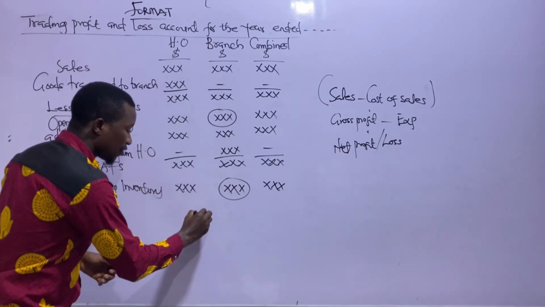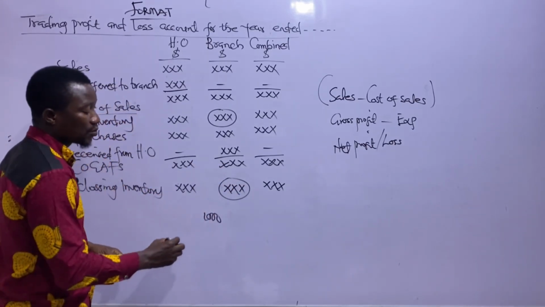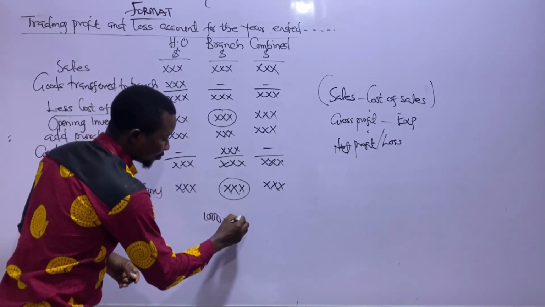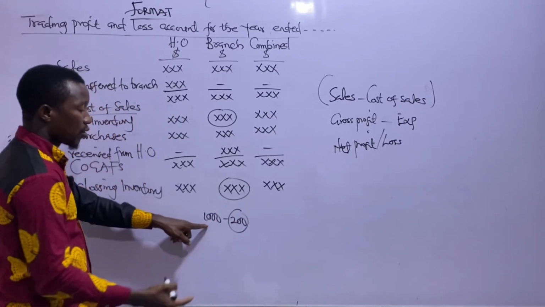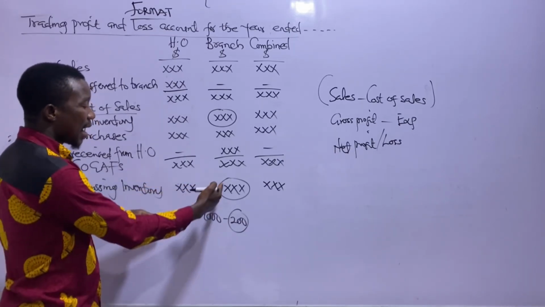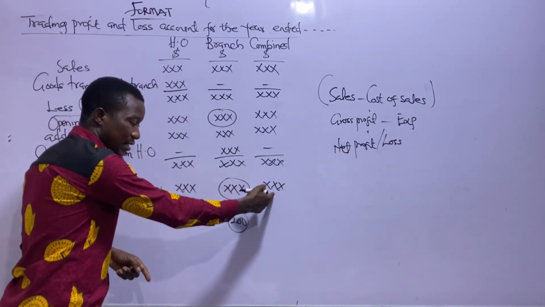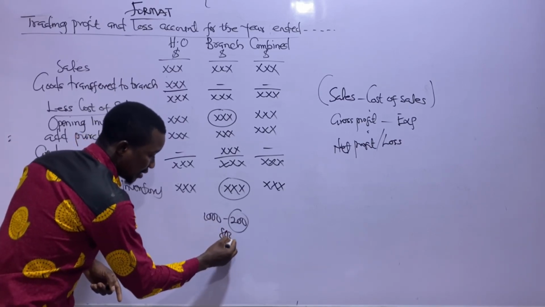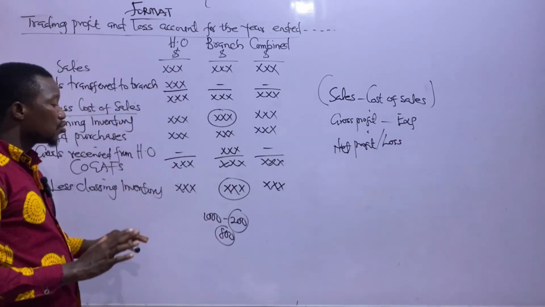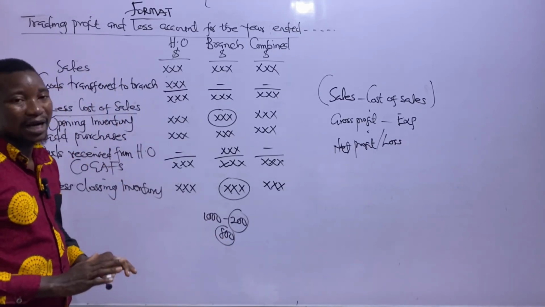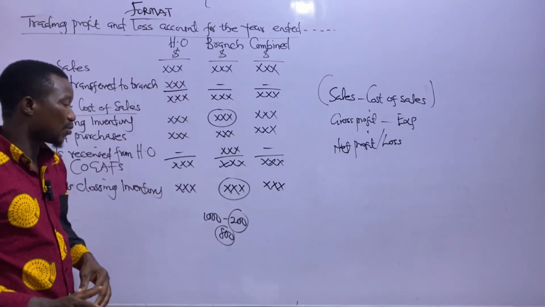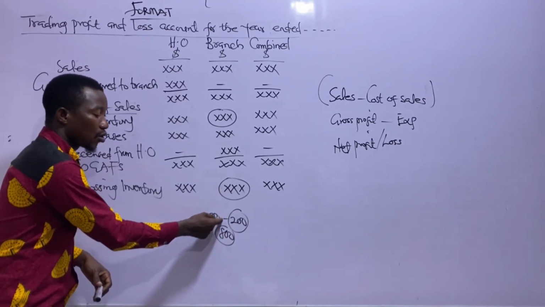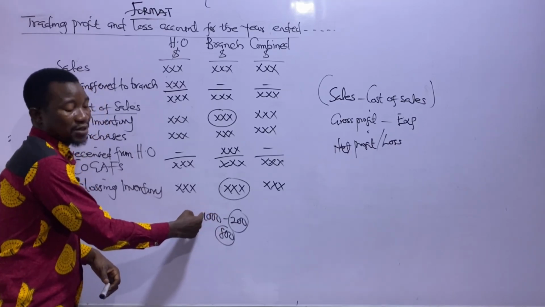So if the closing inventory is 1,000 and we calculate provision for unrealized profit and we had, let's say, 200, although we will record the 1,000 here, in adding it to this cost to get this, we will not use the 1,000, we use the 800, which is the cost. Goods or inventories are valued at lower of cost or net realizable value. So we don't have to recognize this closing inventory at selling price, but rather at cost.